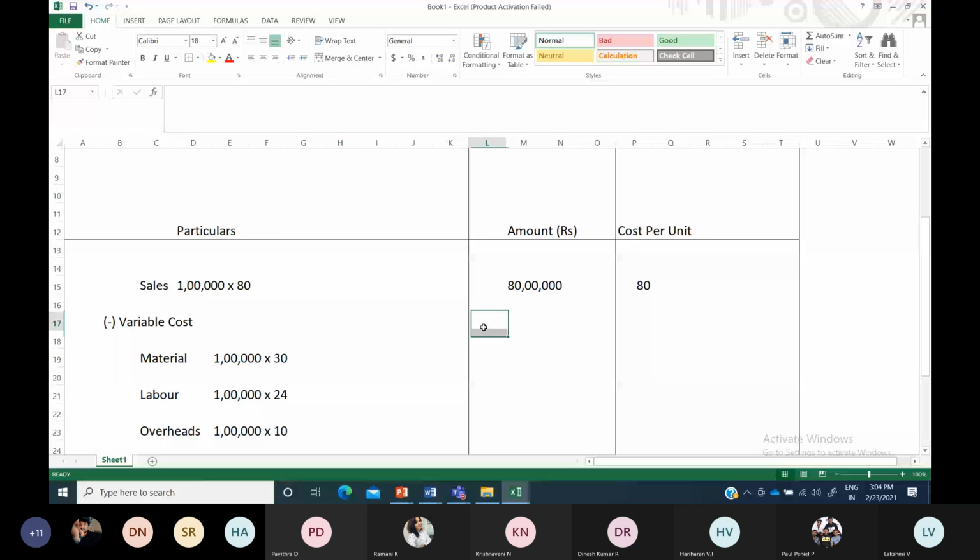Here 30 lakhs I am getting, and for this 24 lakhs we will get.